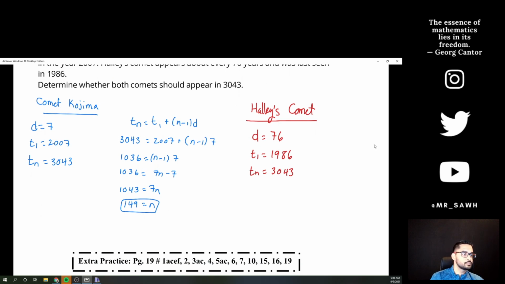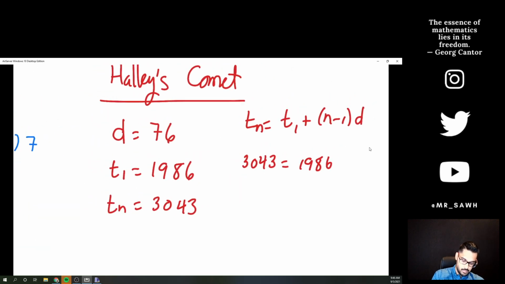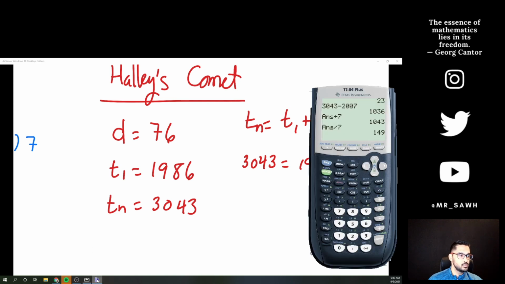So let's try this one. Tn is T1 plus n minus 1 differences. So Tn is 3043, T1 is 1986, plus n minus 1 differences, and the difference is 76.